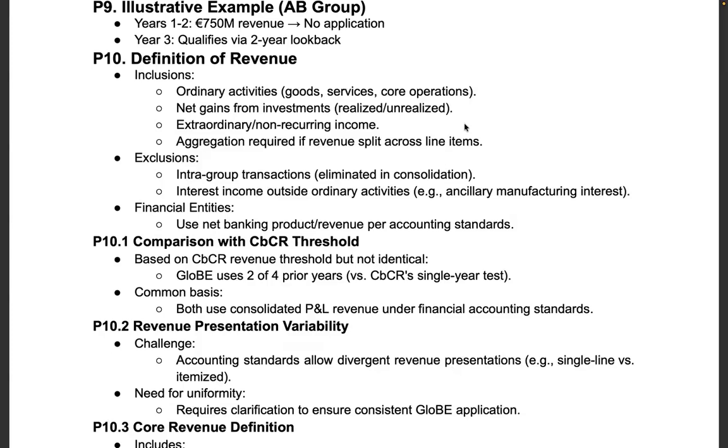But this point that we just read, financial entity, this is for the financial services industry. And in there, the core income usually comes from lending operations, right? So the income element would be greater than the expense element, usually. Otherwise, the whole business model fails, right? So use net banking product or revenue per accounting standard.